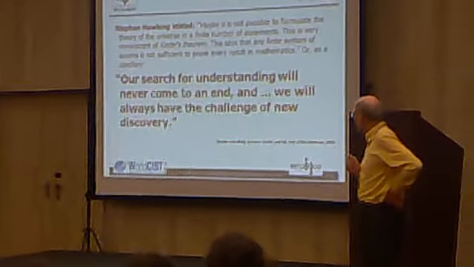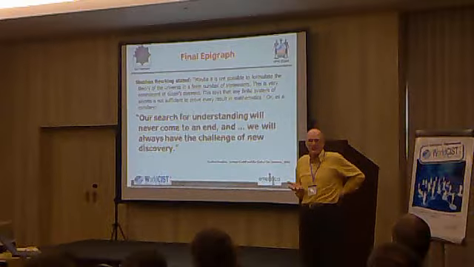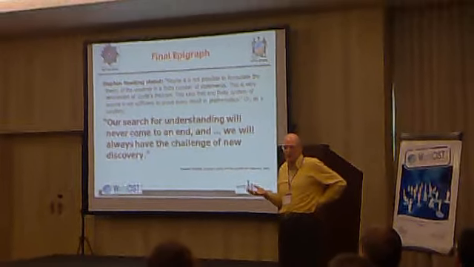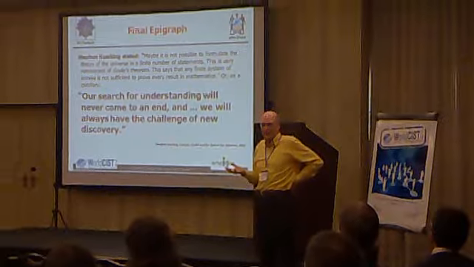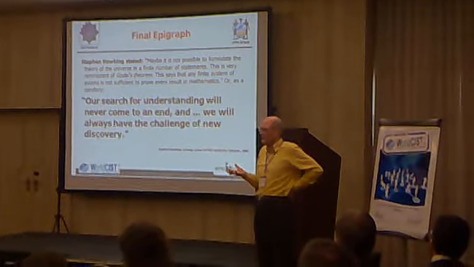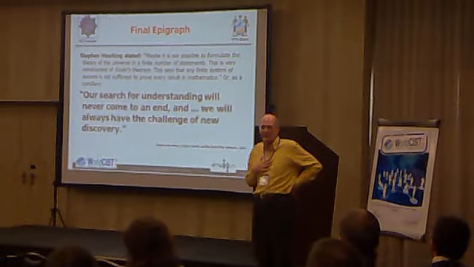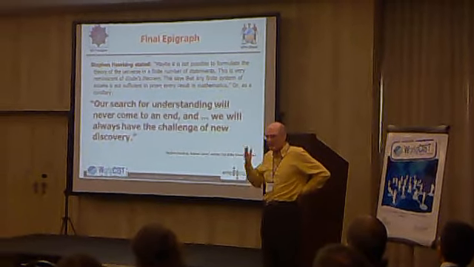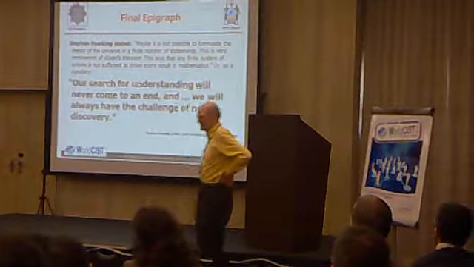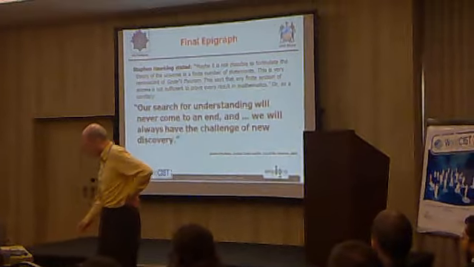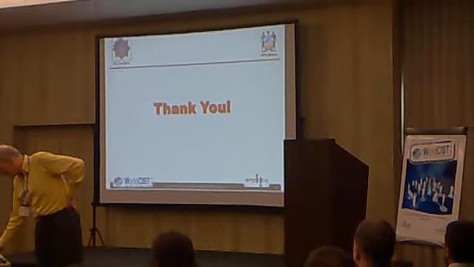And we will always have the challenge of new discovery. And I think this is also what a conference like this is about. Let's work together, enjoy the discourse, and have fun. I always think this has to be fun. It's hard work, but there's always the option of finding new information and new knowledge and new cooperation.